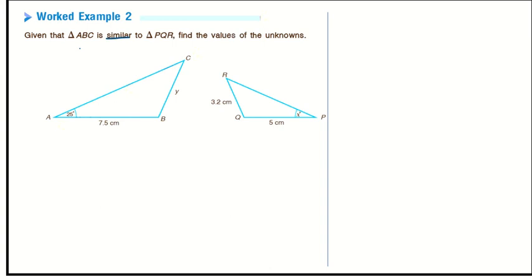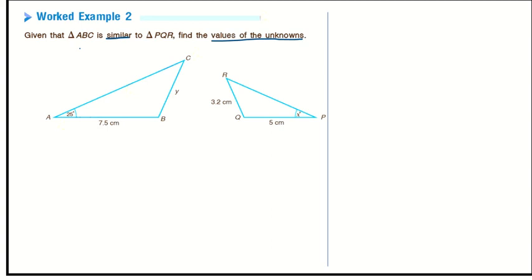Since they are similar, it implies that the corresponding angles are equal. It also means that the ratios of corresponding sides are equal. For that case, we need to know the values of unknowns.